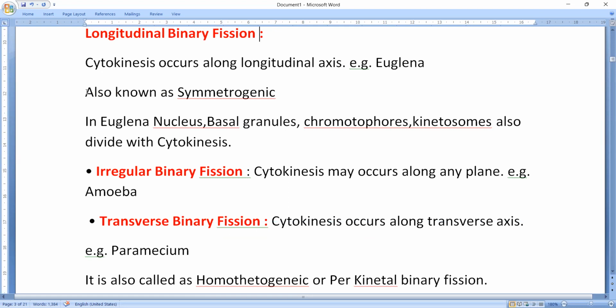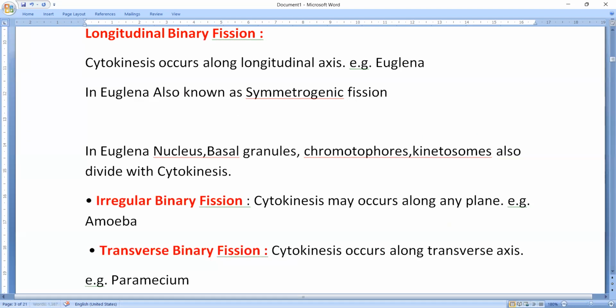In Euglena, this type of binary fission is also known as symmetrogenic binary fission. What is the meaning of symmetrogenic binary fission? The newly formed individuals are mirror images of each other.